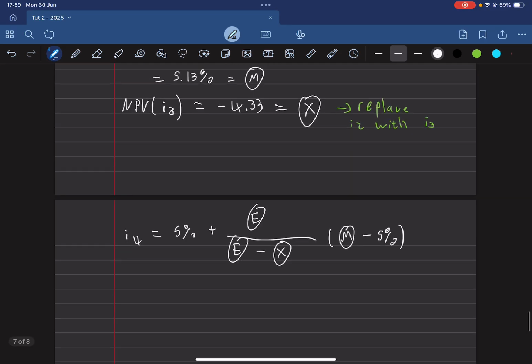The only reason I write letters is that I don't want to write out the long number each time. When you sub this into your calculator, you should get 5.1278%, which, rounded to 2 decimal places, is 5.13%.